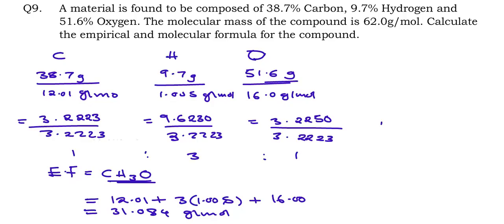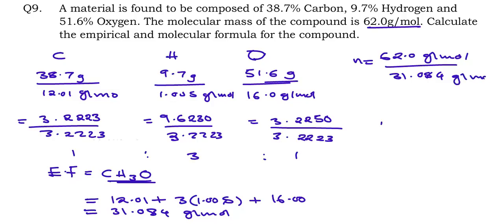Next we find the value of N, which is the ratio of the molar mass of the compound given here divided by the molar mass of the empirical formula we just found. The grams per mole cancel, and N becomes 1.997, which we can round to 2.